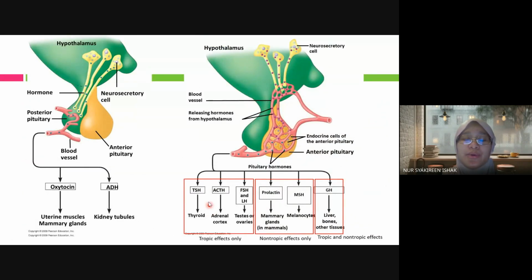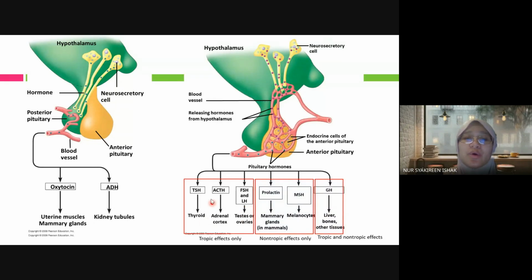And then there's the ACTH. ACTH is adrenocorticotropic hormone, a tropic hormone. It triggers the adrenal cortex. The cortex is the outer part of the adrenal gland.